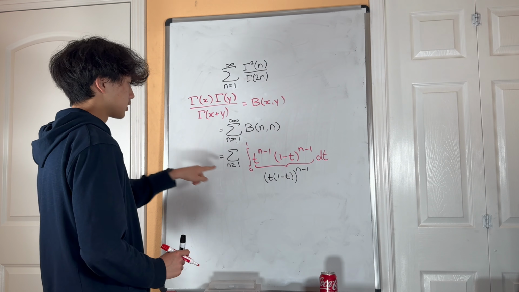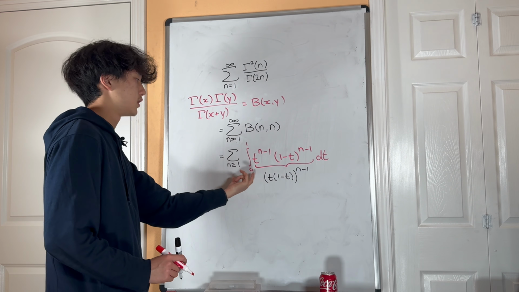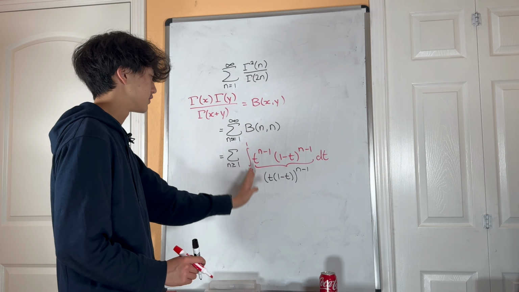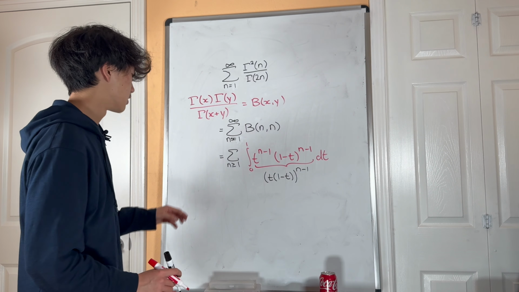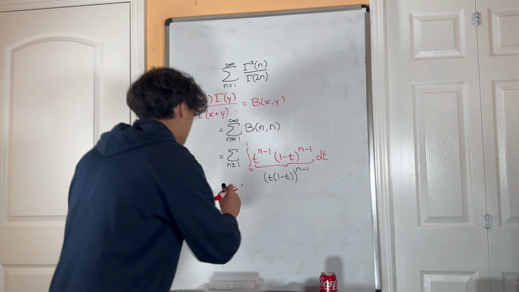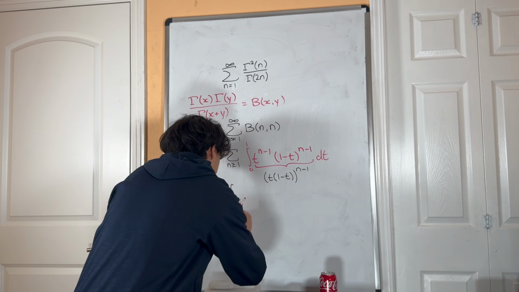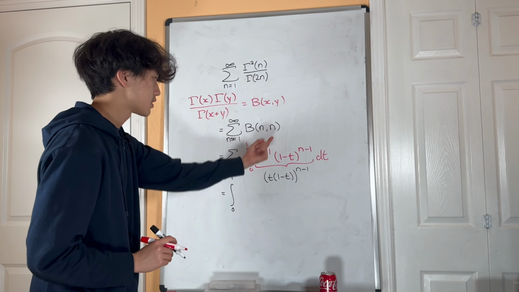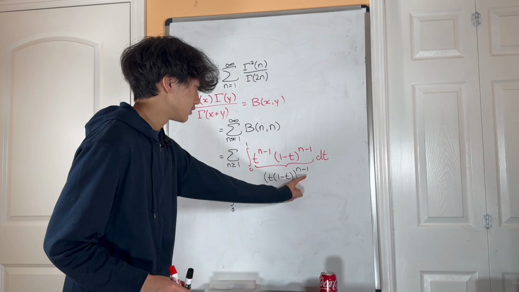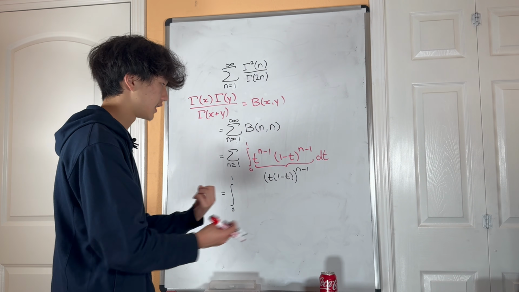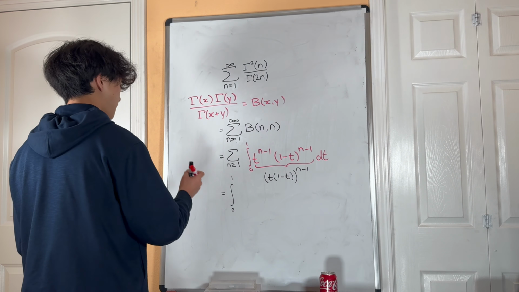Now we're going to go ahead and interchange the order of integration and summation by dominated convergence. So yeah, okay, let's go ahead and do that. The integral is going to go on the outside now. Now, why do we want the sum on the inside? Well, it's because this right here kind of looks like the geometric series, okay?